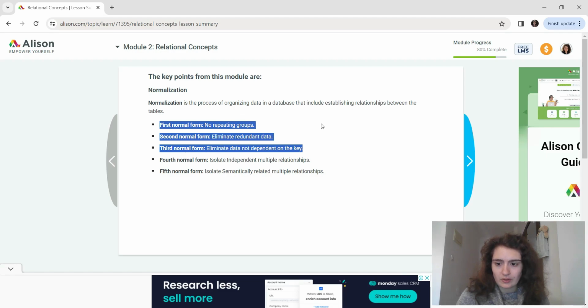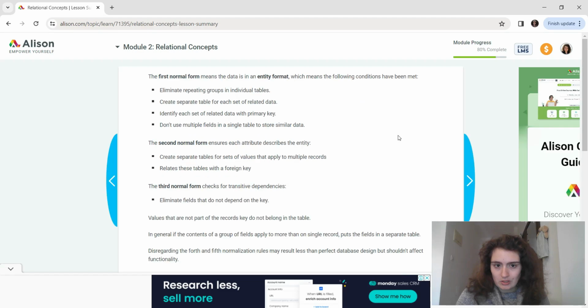And the fourth and the fifth, again, are not completely necessary for many database designs, though they can be used later on to polish or further enhance an already efficient normalized methodology in a database design. So next slide.